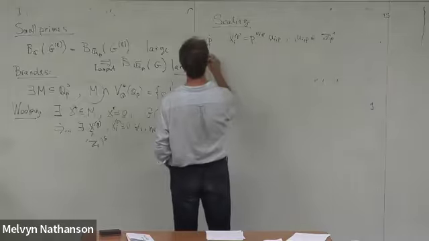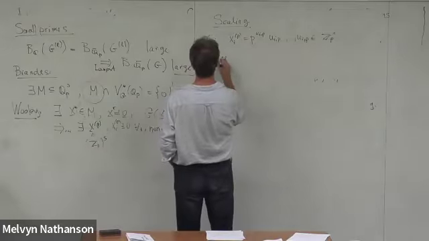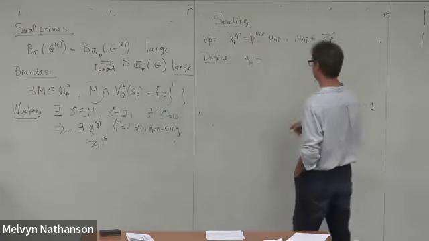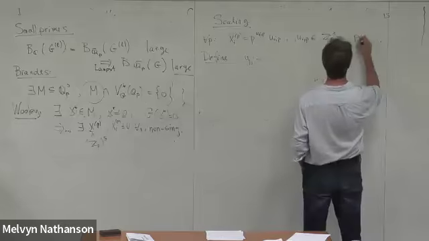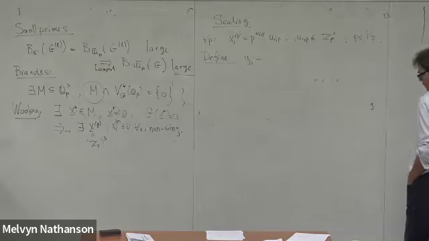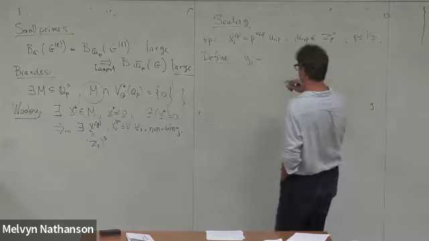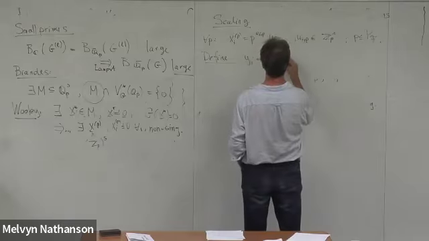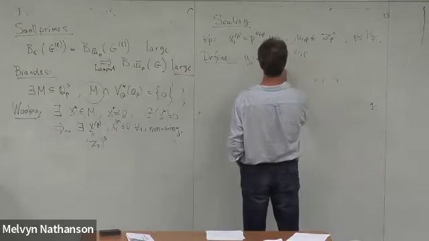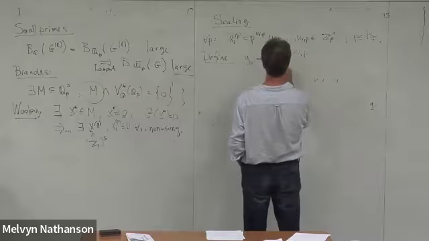So define y_i simply the product of all these factors for all small primes. So this is the small prime region. The large prime region, we have no problem. So just take the product of p to the e_{i,p} for all p less than or equal to p_f.